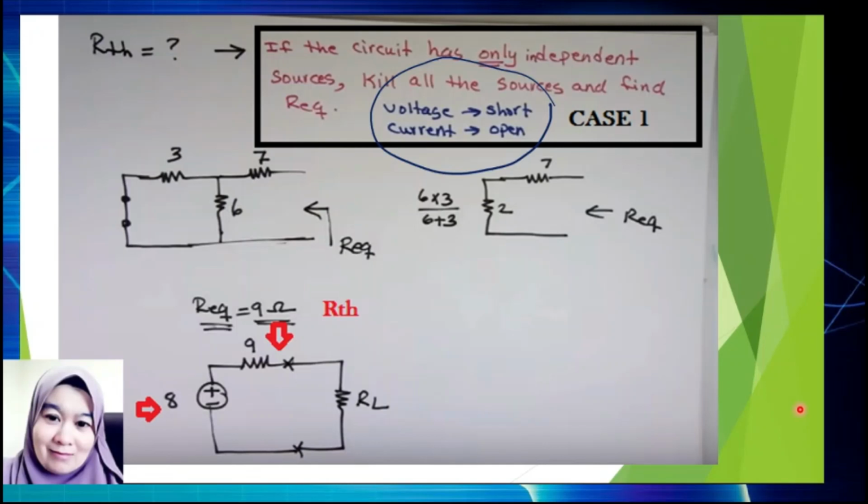Remember in superposition, if it is a current source, we need to open circuit it. Short circuit means we put a wire like this here. If there is a current source, we need to open it, or cut the wire.